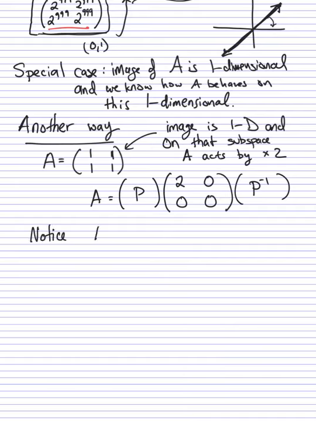Well, then notice A to the K is just P diag(2, 0, 0, 0) to the K, P inverse, right?